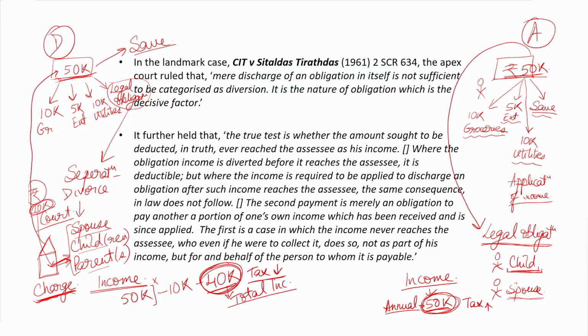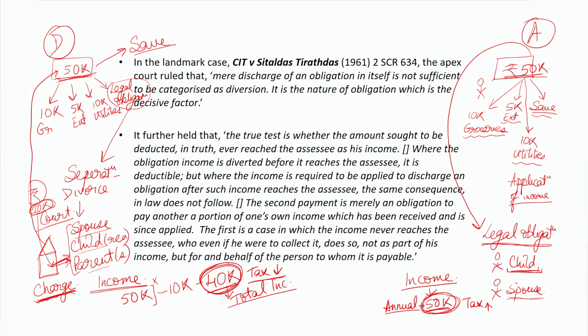It further held that the true test is whether the amount sought to be deducted in truth ever reached the assessee as his income. Where the obligation diverts income before it reaches the assessee, it is deductible. But where the income is required to be applied to discharge an obligation after such income reaches the assessee, the same consequence in law does not follow.